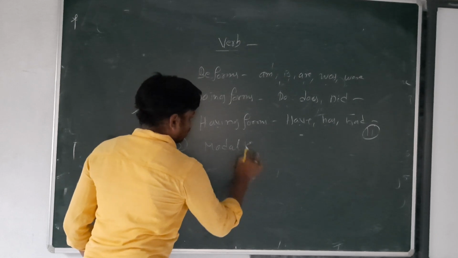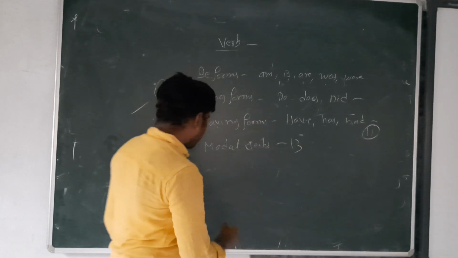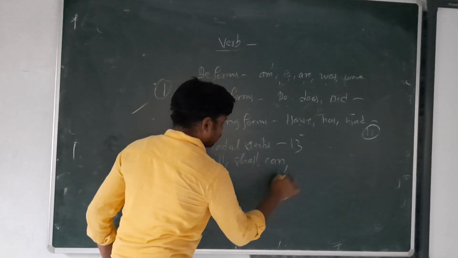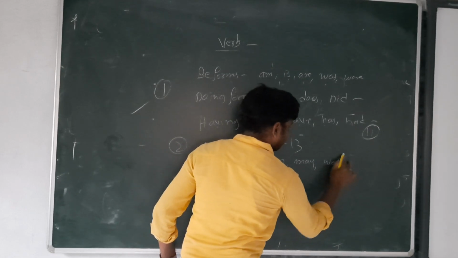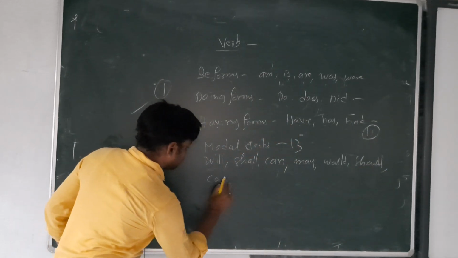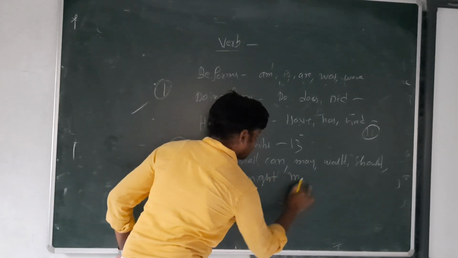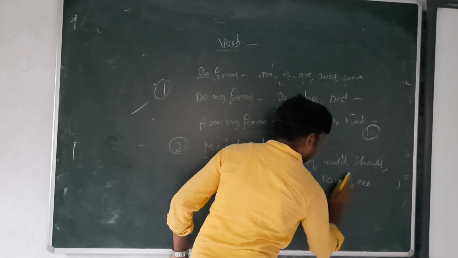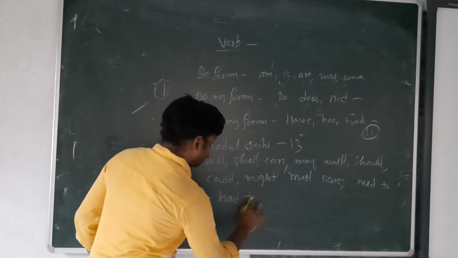We have 13 modal verbs. Will, shall, can, may, would, should, could, might, must, dare to, need to, had to, and ought to.